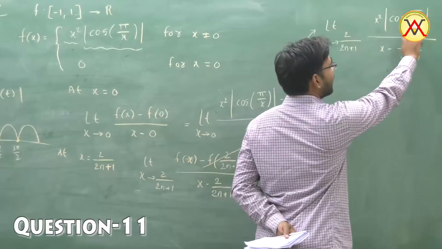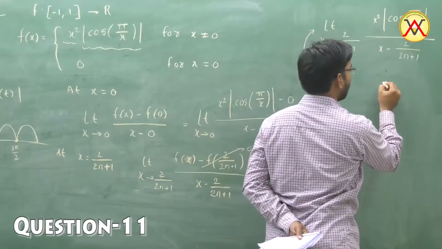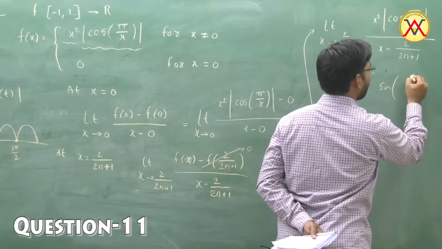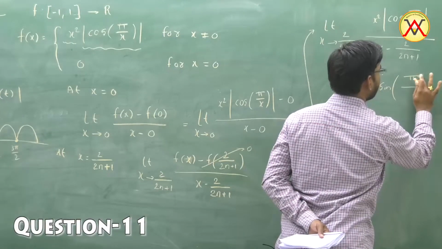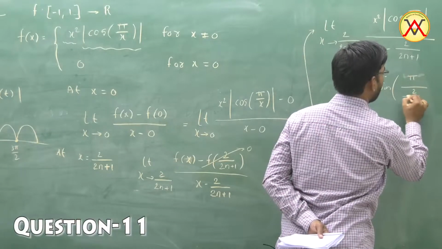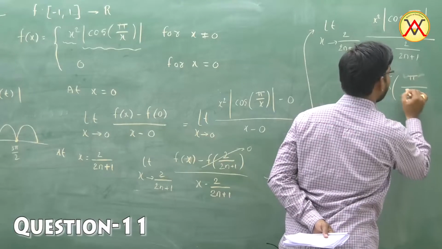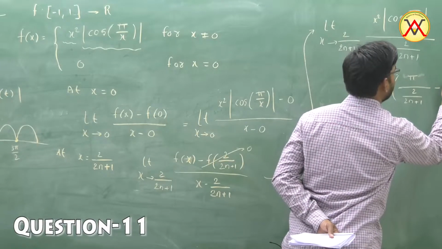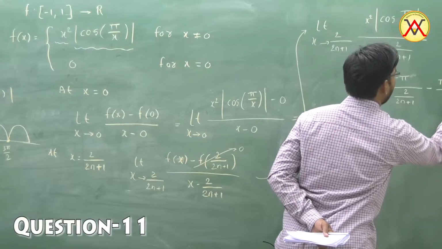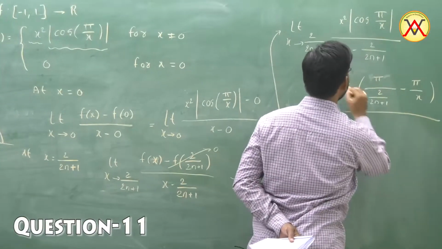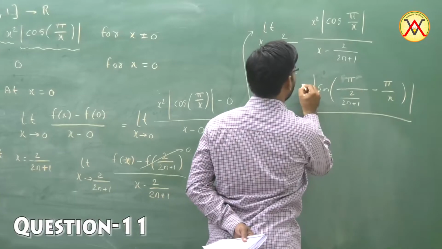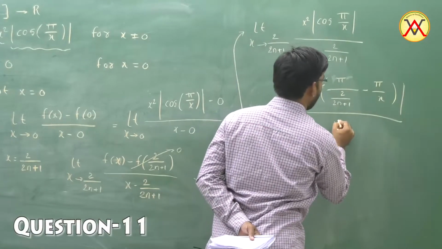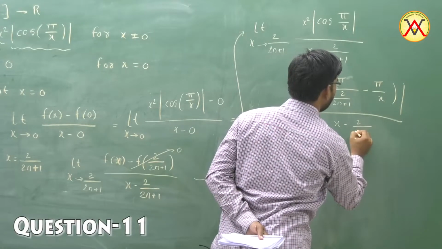So let us slightly manipulate this. Let us write it as the limit as x tends to 2 upon 2n plus 1 of x square into mod of sine of (pi by 2 upon 2n plus 1 minus pi by x), divided by x minus 2 upon 2n plus 1.